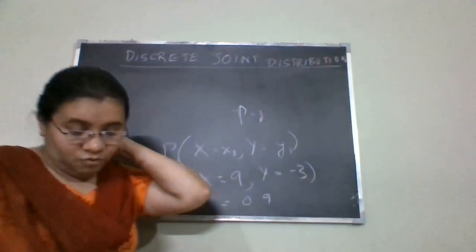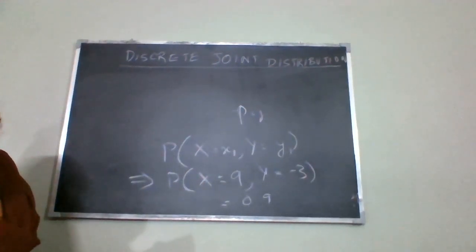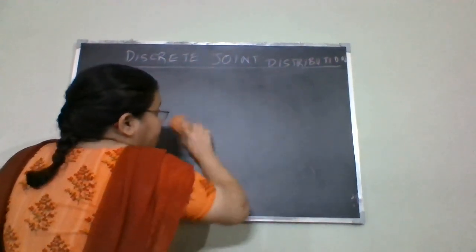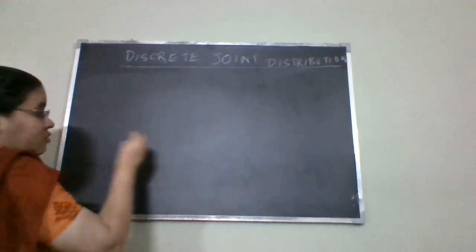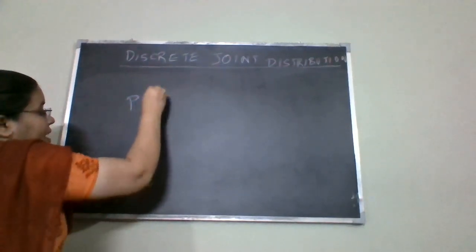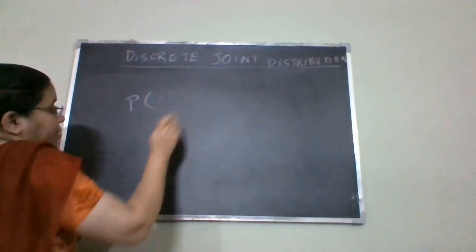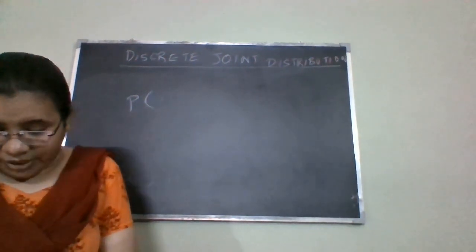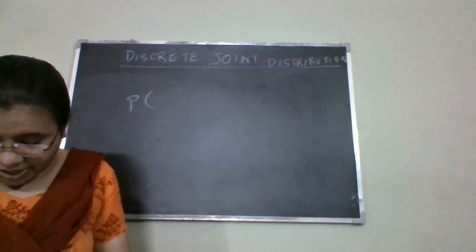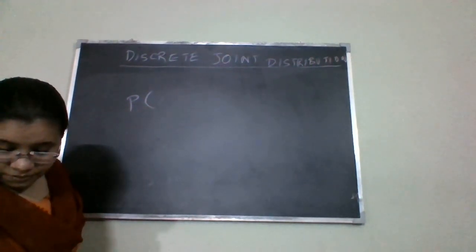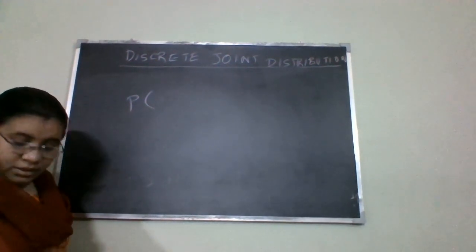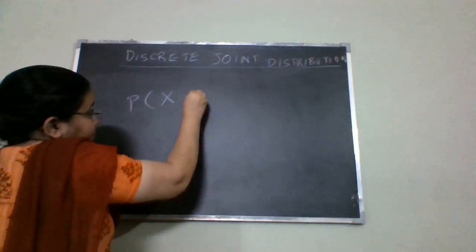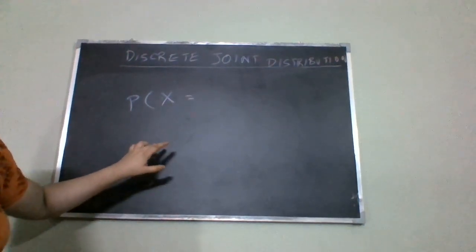What is p(xi) over here? We have p(x1) and p(x2) because we have two rows. P of X equal to x1, we have this as 0.3.